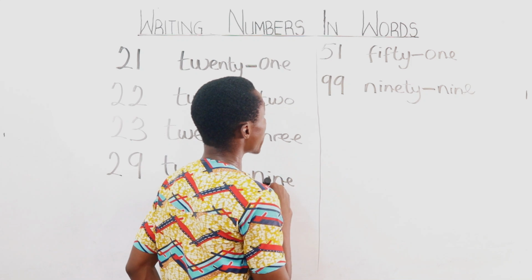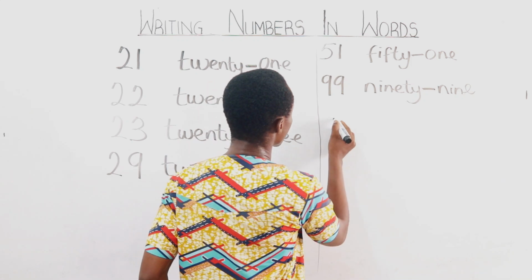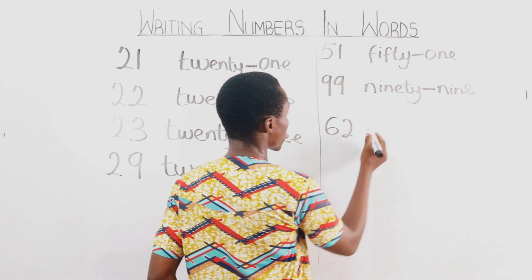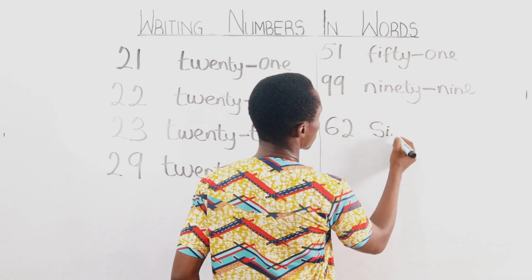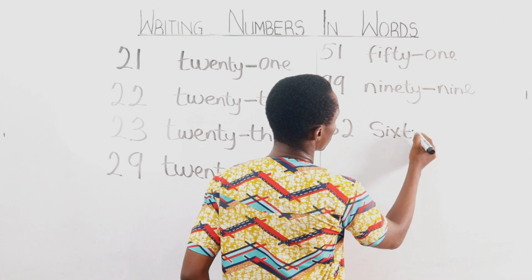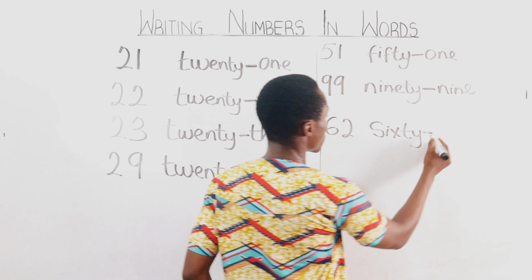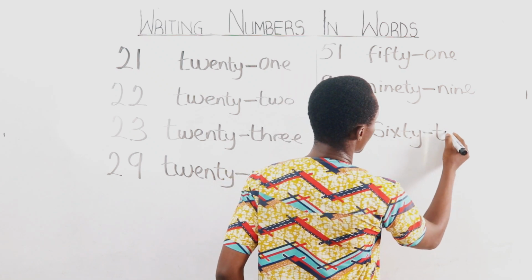If we want to write, let's say 62, we'll write our 60. We bring our hyphen and then we write our 2.